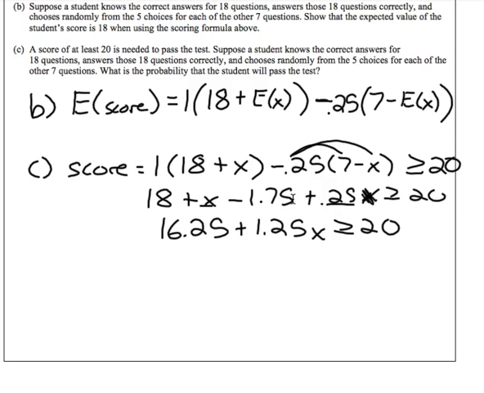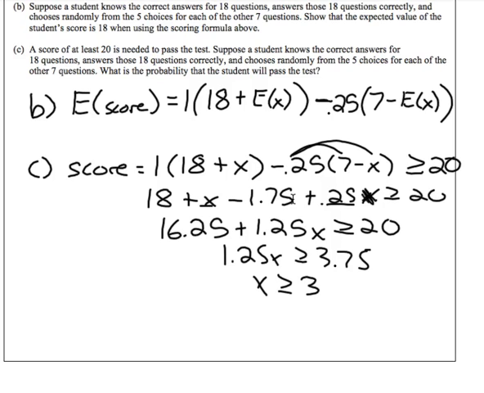If I subtract that 16.25 over, that gives me 1.25x is greater than or equal to 3.75, and divide by 1.25. Okay, and if you divide, you're going to get 3. So basically, what I've just determined so far is to pass, you need to get 3 of those questions right. Okay, so 3 of the ones that you guess on, you need to get right.